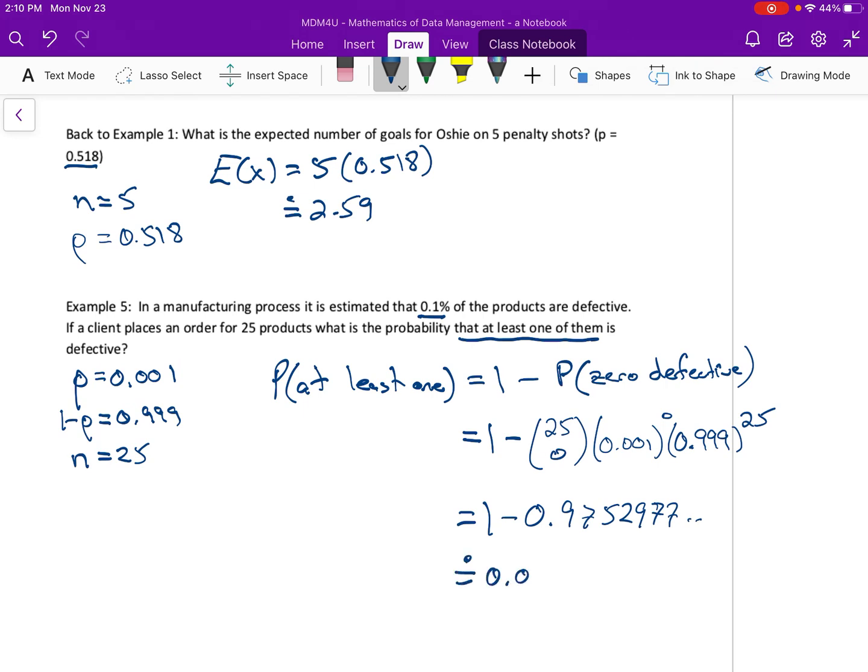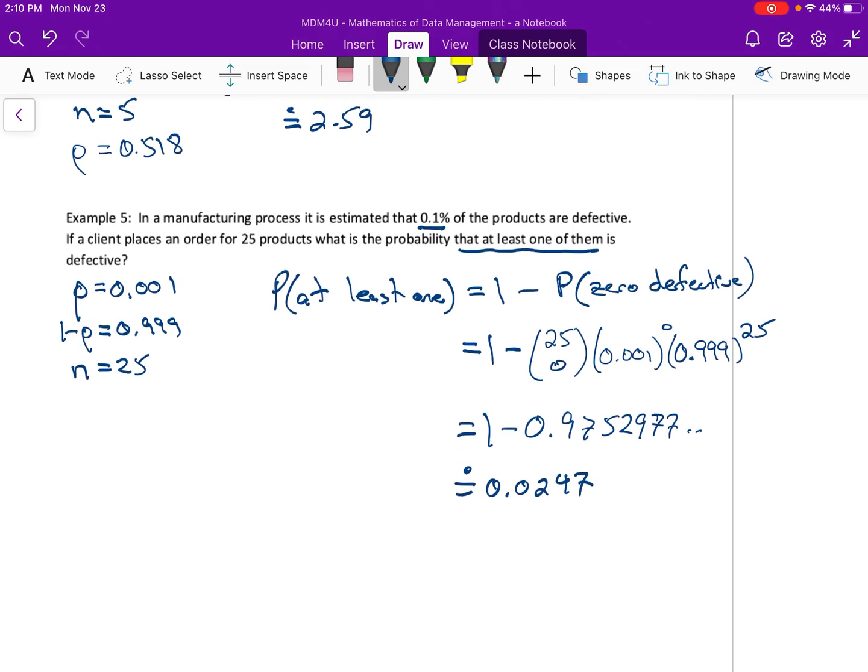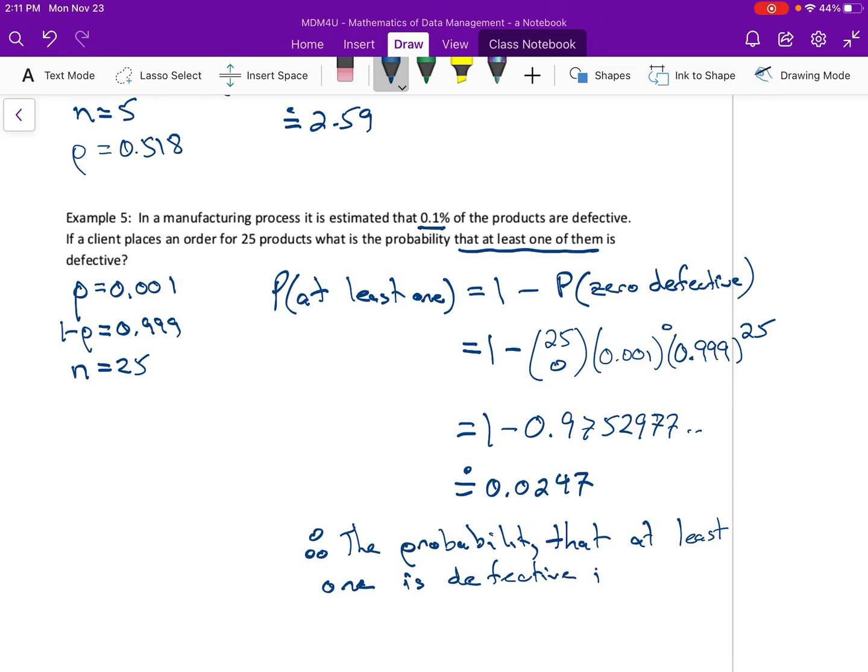So I get approximately 0.247. So again, what's the probability that at least one of them is defective? So it's a bit less or a bit more than 2%. So therefore, the probability that at least one is defective is 0.0247.